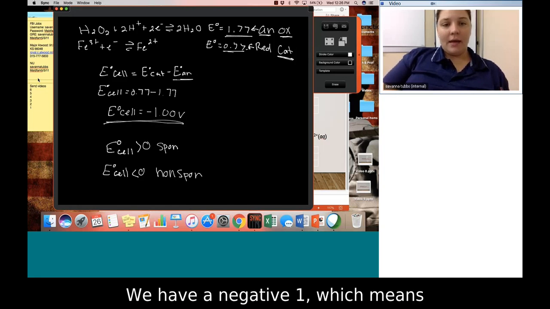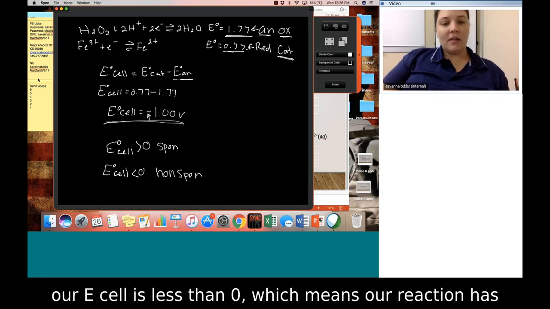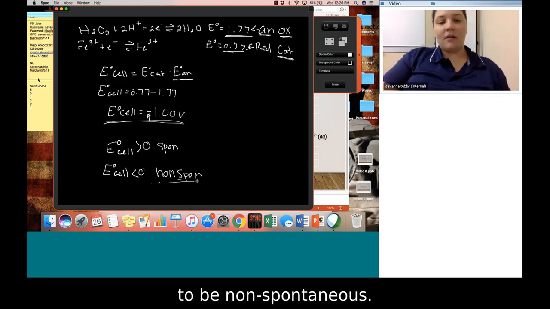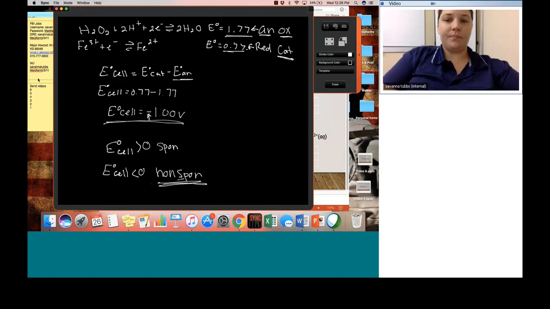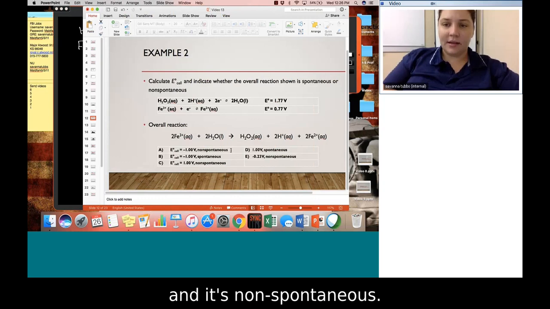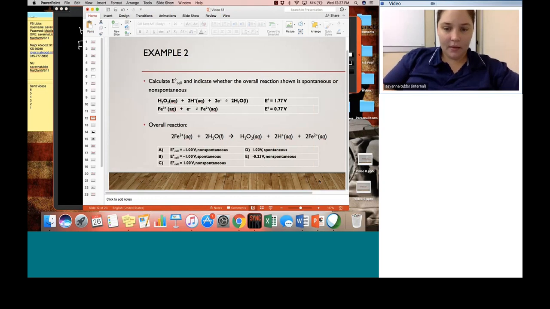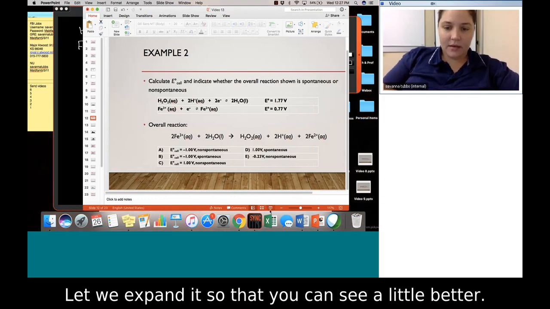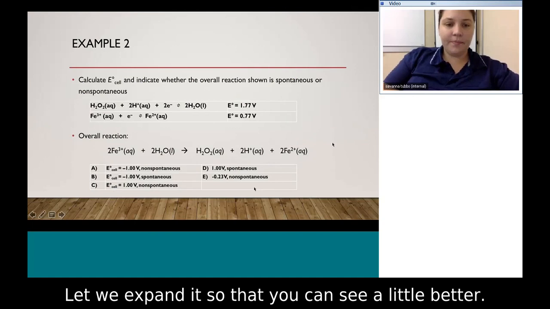We have a negative 1, which means our E cell is less than 0, which means our reaction has to be non-spontaneous. So our answer would be A, E cell equals negative 1.00 volts, and it's non-spontaneous. Let me expand it so that you can see a little better.